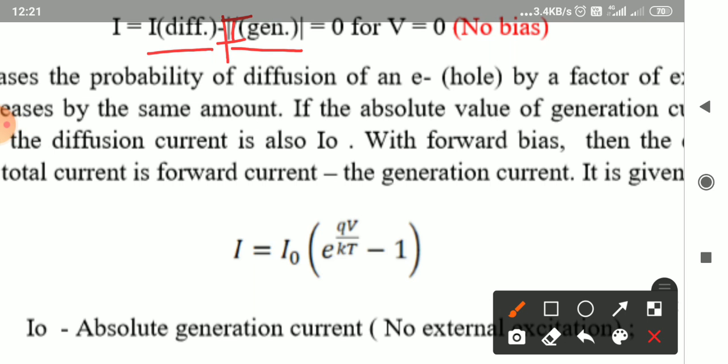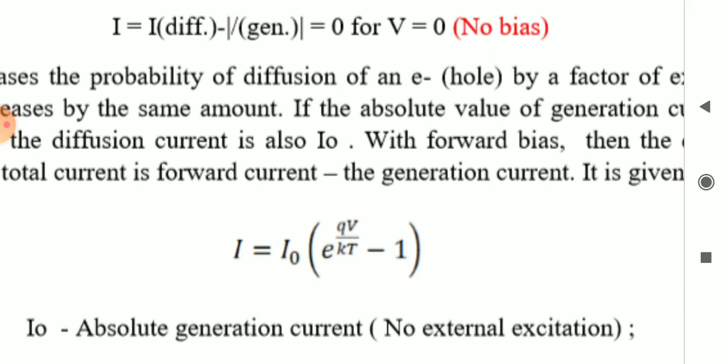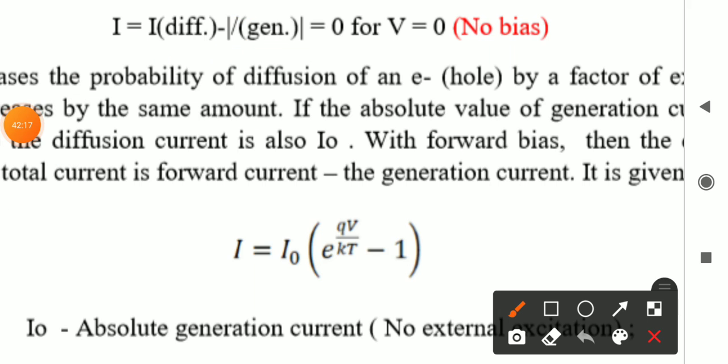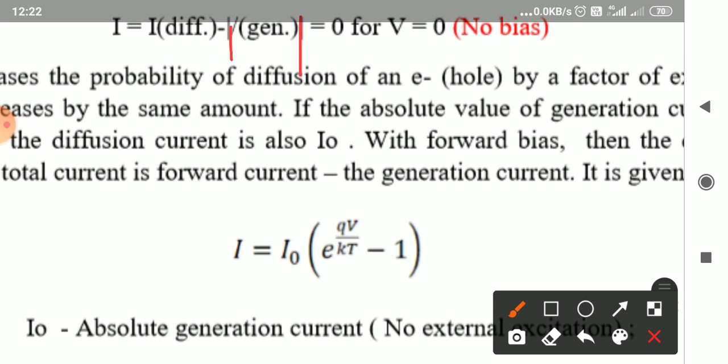Why we are taking the magnitude is, we know diffusion current and drift current are exactly opposite to each other. That's why the minus sign is given. As we have already given a minus sign, in order to avoid confusion, we are considering it as a magnitude value. Getting my point?